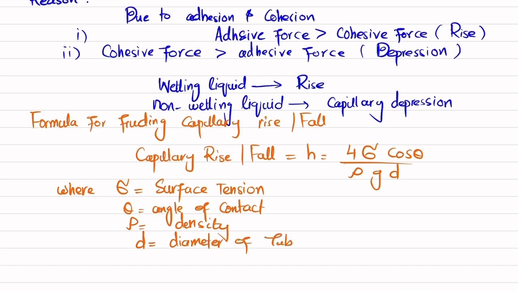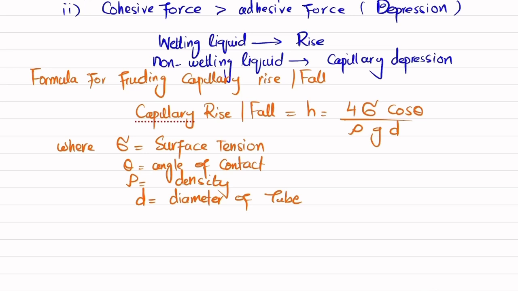So if you know all these values, you can find the capillary rise or fall in the level of liquid. This capillarity depends on the diameter of the tube, and it is independent of the size of the vessel.